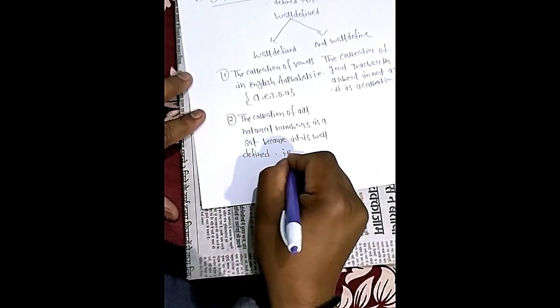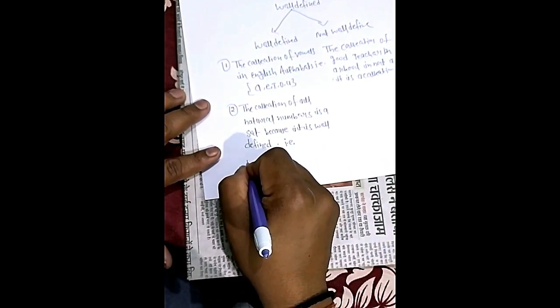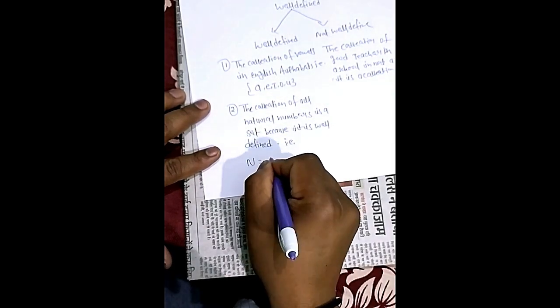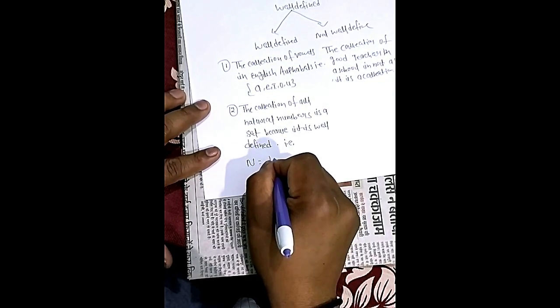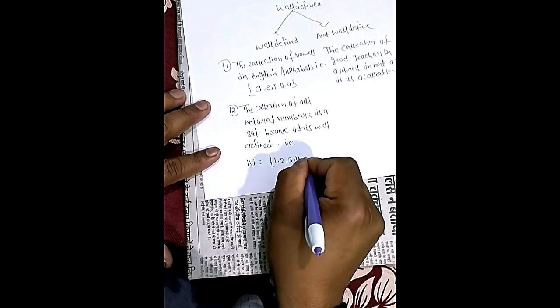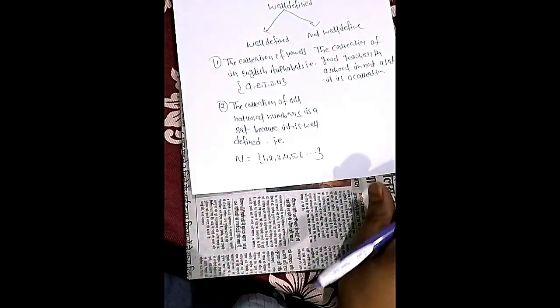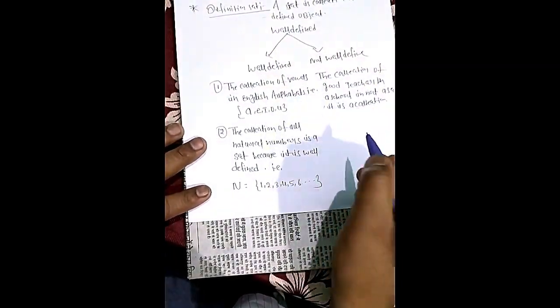That is, we can say natural numbers are denoted by capital N is equal to curly bracket open 1, 2, 3, 4, 5, 6 and so on. It is a set and well defined.